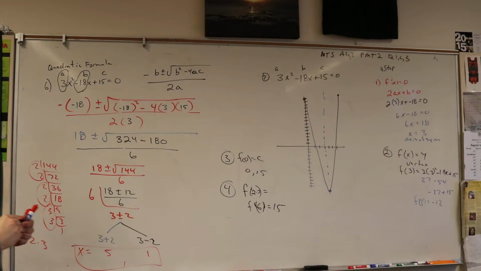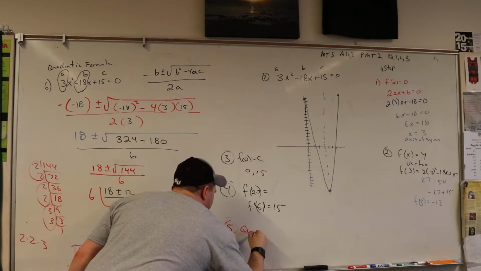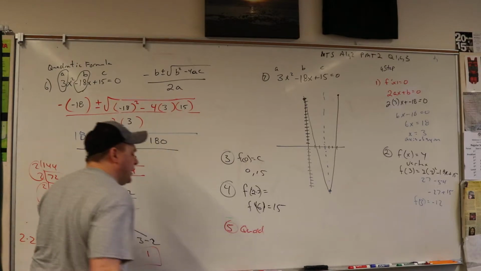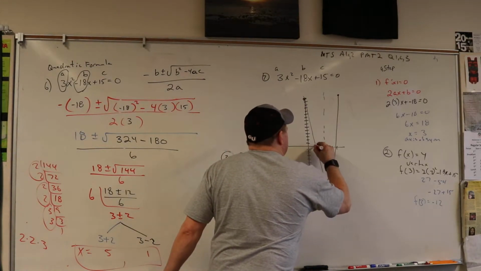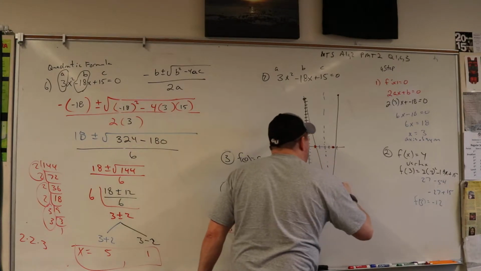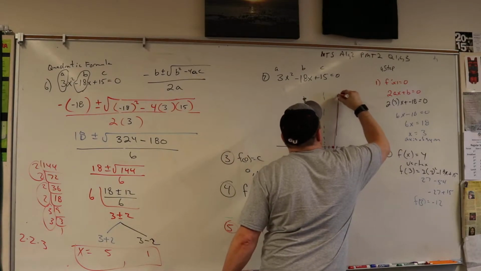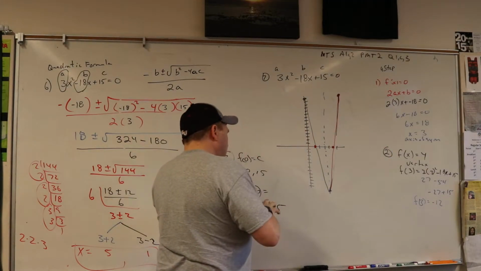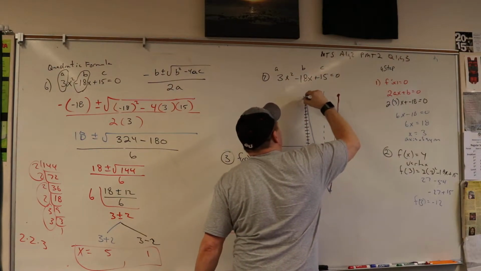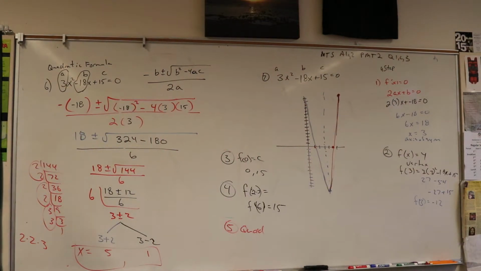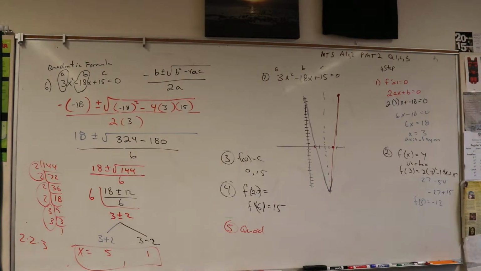Now step 5 is our extra step, the quadratic formula, which we did over here: 5 and 1. That means it crosses at 1 and 5. See how it comes up through 1 and 5. That's graphing.